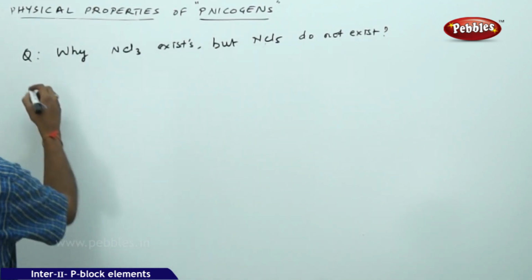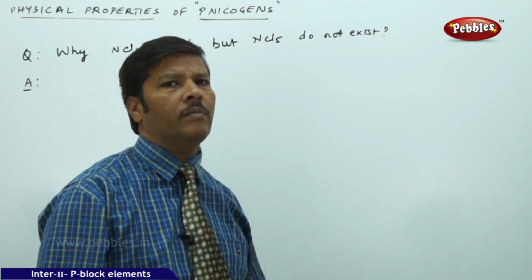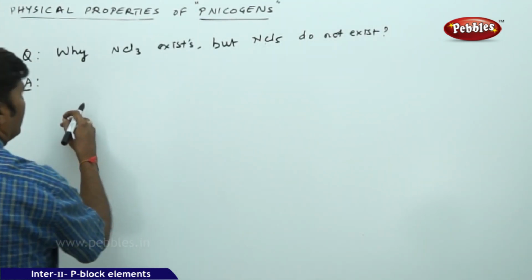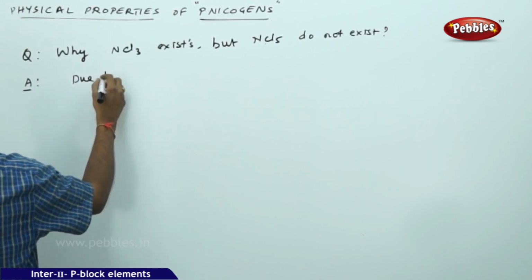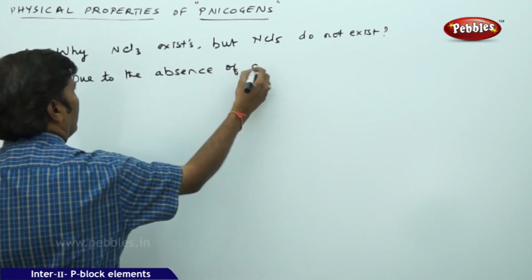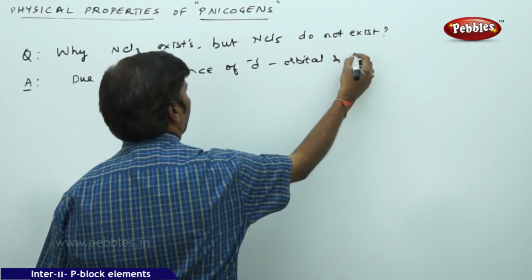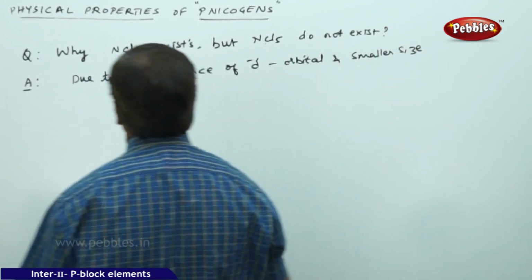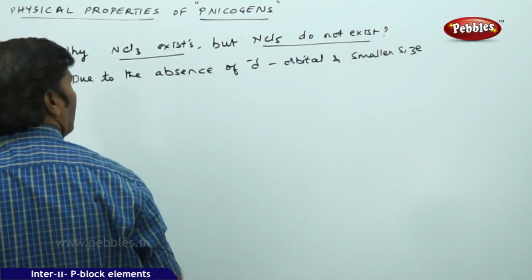The simple answer is that nitrogen does not have d orbitals in the excited state, due to the absence of d orbitals and its smaller size, which is why NCl3 can exist but NCl5 does not.